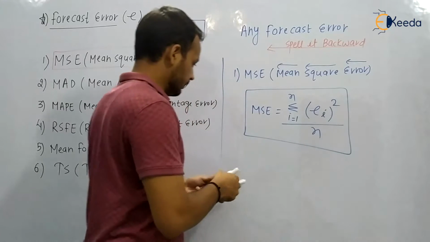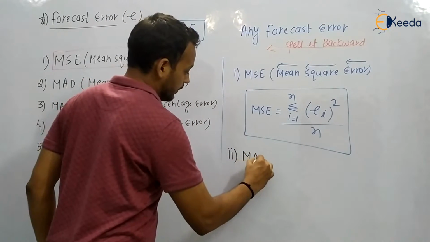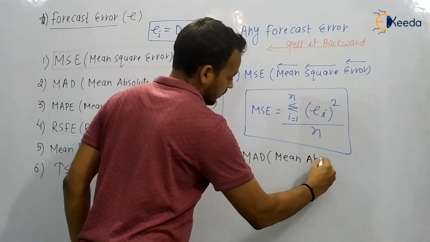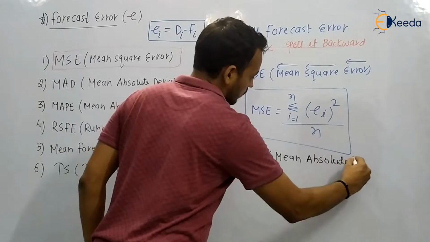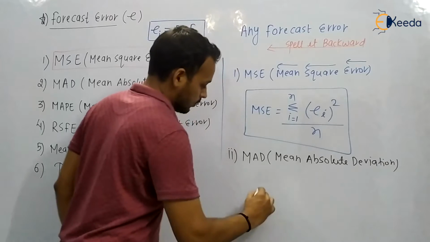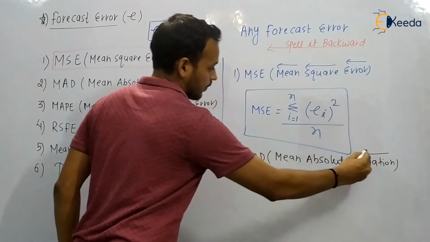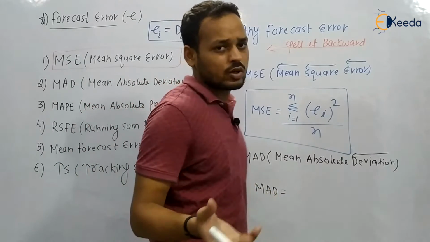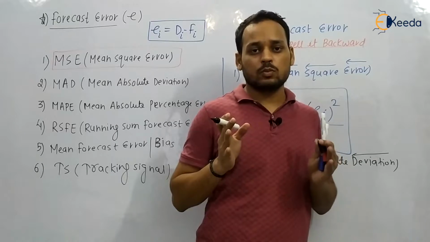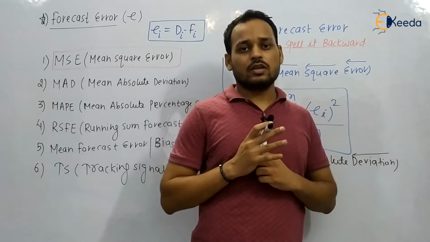The second one is MAD, that is mean absolute deviation. The first word is deviation. Deviation is also a kind of error, deviation means you are deviating from the actual value. Suppose the demand is 20 and the forecast is 15.